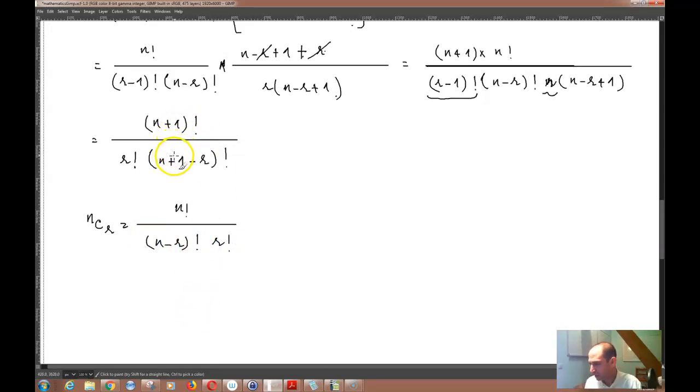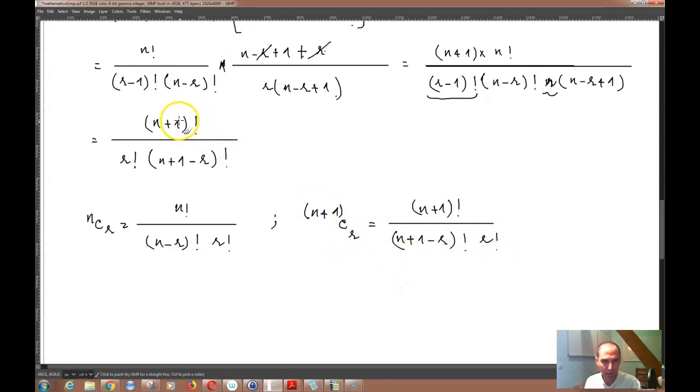Now based on this, if I had n plus 1 combination r, that would be equal to n plus 1 factorial over n plus 1 minus r factorial times r factorial, which is exactly this thing over here. So then you can say that this thing is equal to n plus 1 combination r.